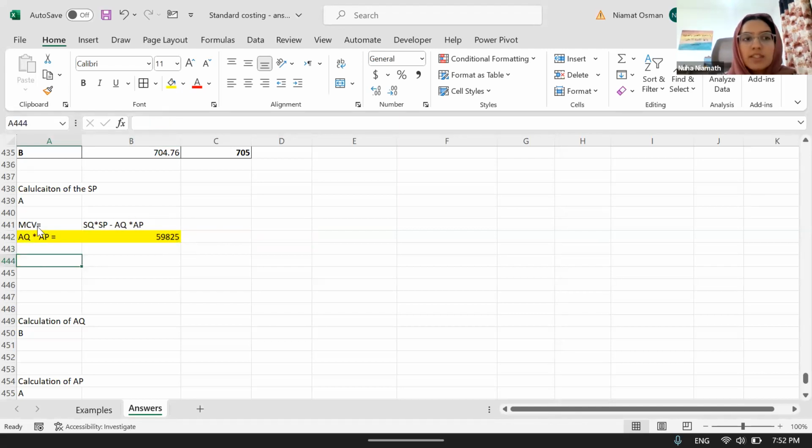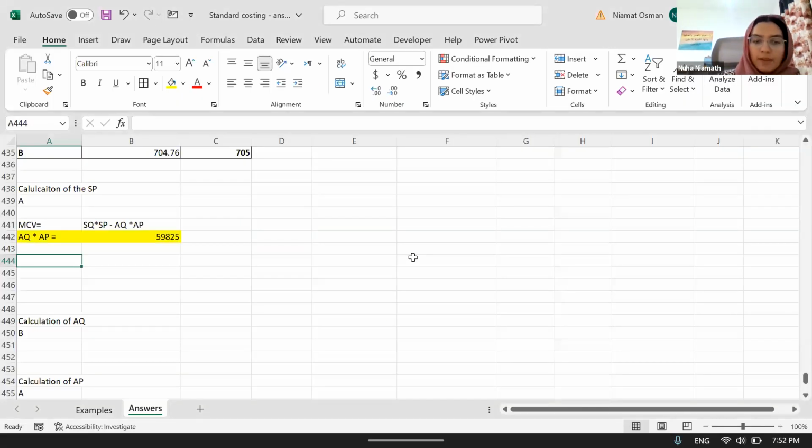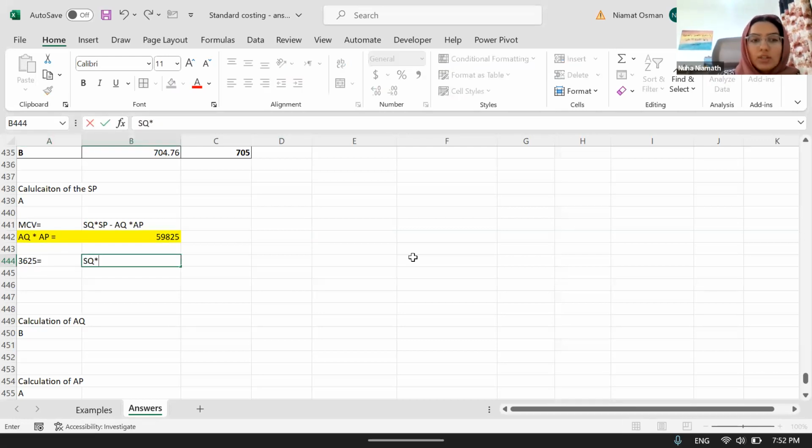So we have MCV is what? 3625, plus. It's positive. 3625 is equal to AQ into SP minus 59,825.